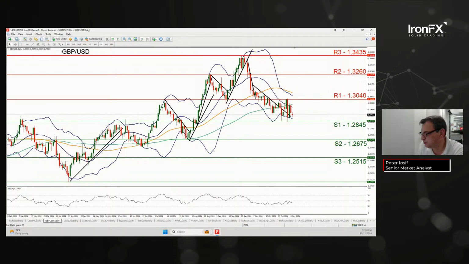And for pound traders, I would be highlighting tomorrow during the early European session the release of UK's employment data. The unemployment rate was expected on Friday to tick up to 4.1% if compared to August's 4%. However, that is no longer the case, and the unemployment rate is expected to remain unchanged at 4% currently.